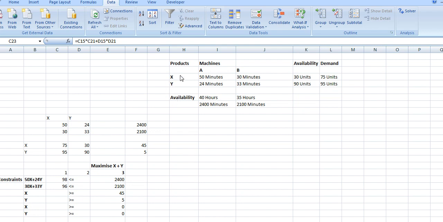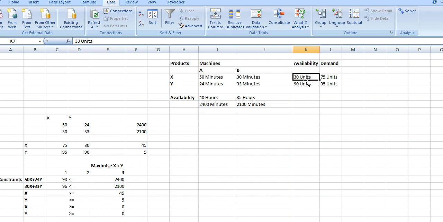Here we have two products X and Y, and we have two machines A and B. If you remember the linear programming problem in mathematics, we have requirements, we have availability, and we have constraints. So what we need is, for product X the demand is 75 units, and for product Y the demand is 95 units.